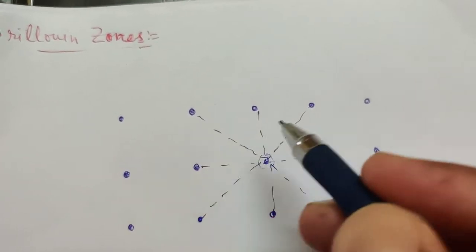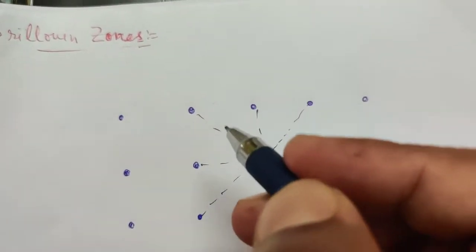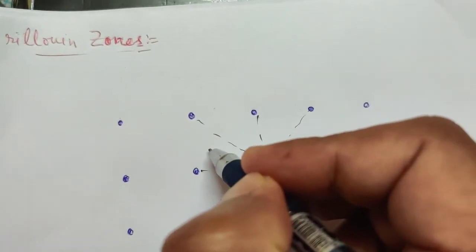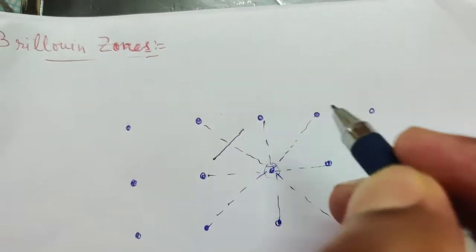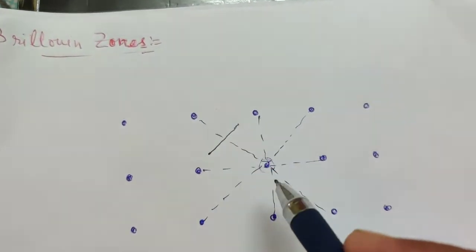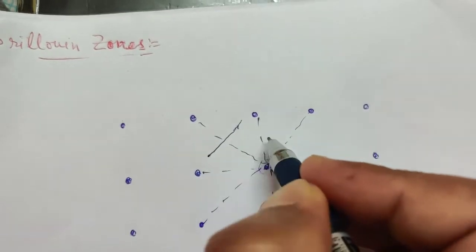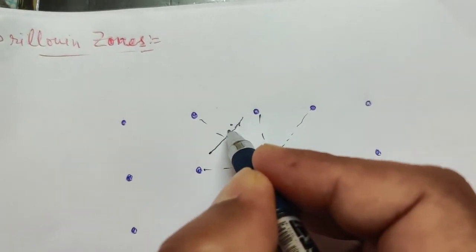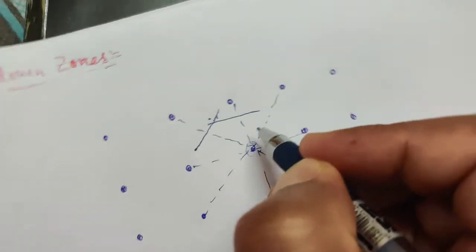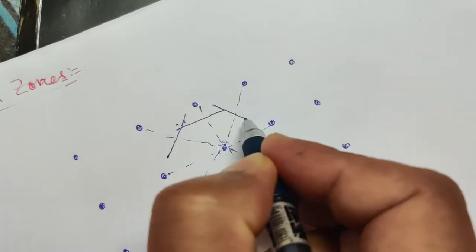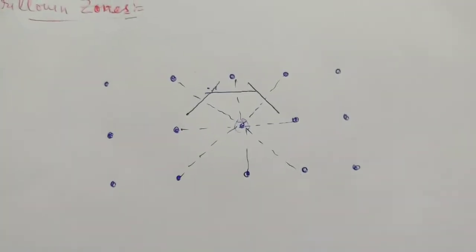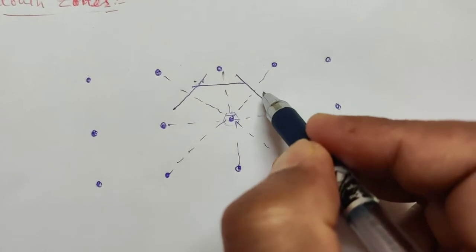So now from this point to this line, I will draw a perpendicular bisector. This is perpendicular to this line, perpendicular bisector. Also to this, I will draw a perpendicular bisector. On this line, this will be the perpendicular bisector. Also on this line.